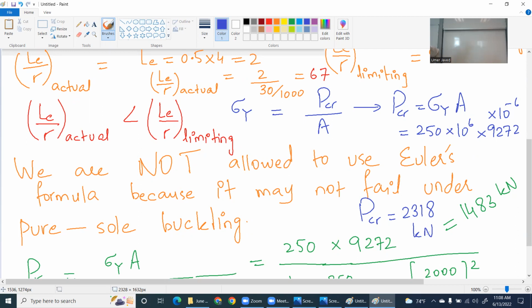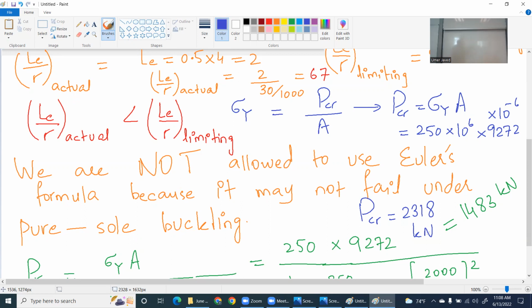Number two, you need to know how to calculate the moment of inertia about both axes, then select the lower one, because if the structure has to fail or buckle, it will buckle along the weaker way. So you will select the lower moment of inertia, and subsequently the lower radius of gyration value.